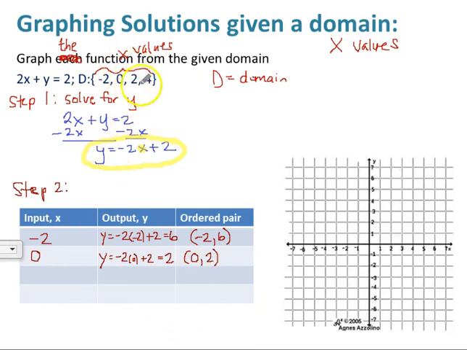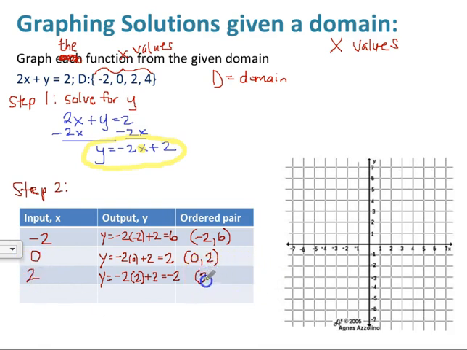My next domain that I'm going to plug in is 2 for x. So we've got -2 times +2 plus 2. -2 times +2 is -4. -4 plus 2 is -2. So when my input value, oops, I forgot to put that in here. We did that for 2.